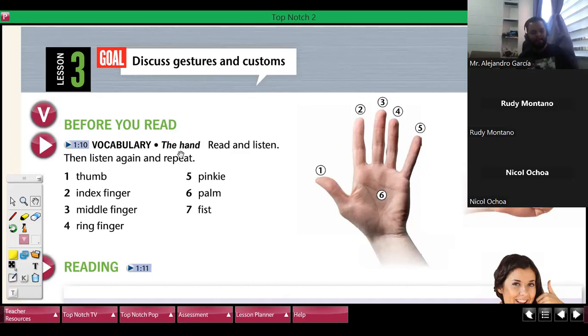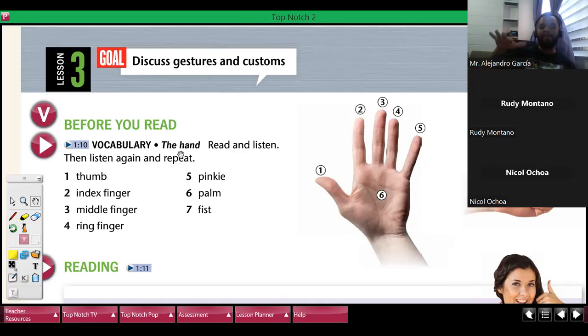Now, gestures with the hand. What do you understand? Oh, okay.